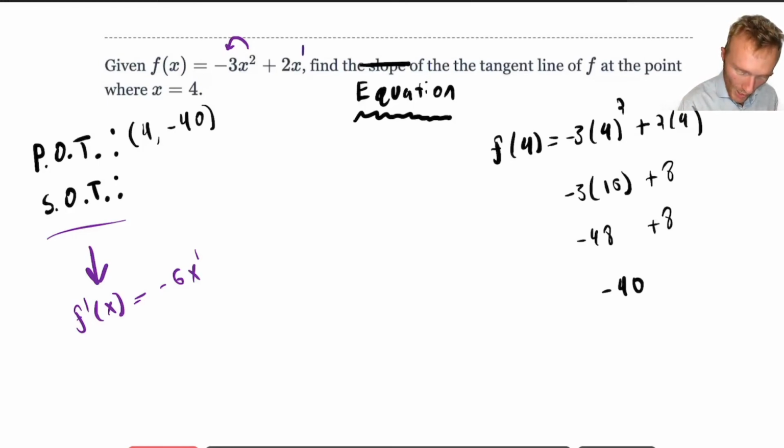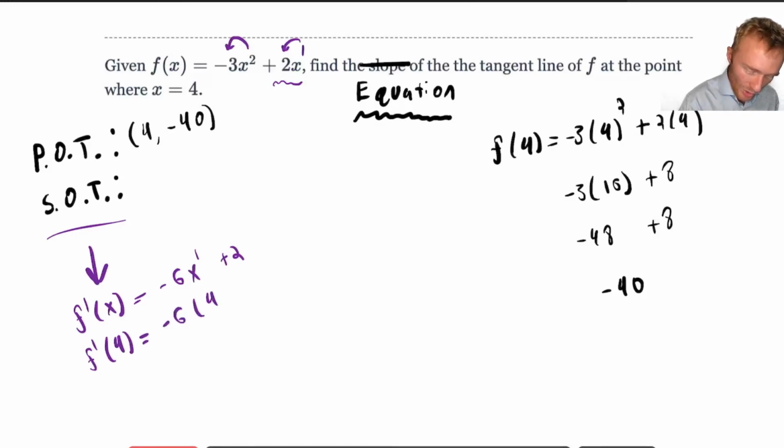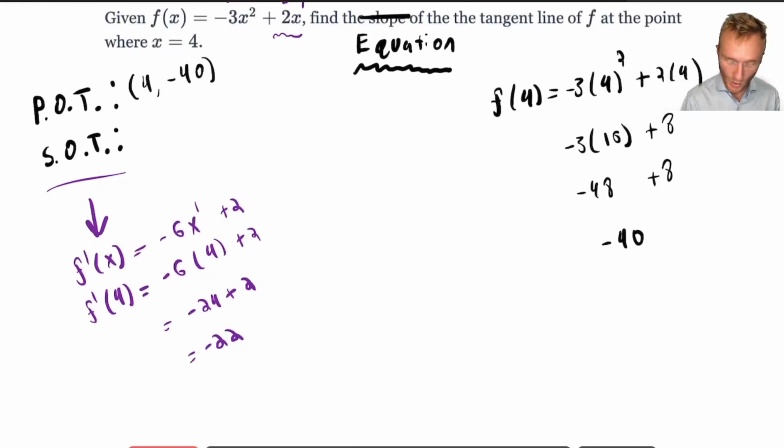Then 2x to the first, 1 times 2 is plus 2, and the x to the first subtracting 1 makes x to the 0. Or you just remember this is a line. It's got a slope of 2. So here is our f prime. We plug in 4 to find the slope at the point we care about, which is when x is 4. What we have here is negative 24 plus 2. What we have here is a slope of negative 22.